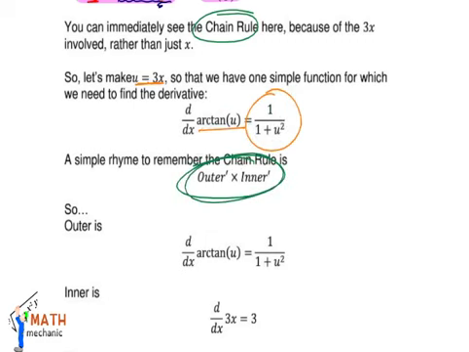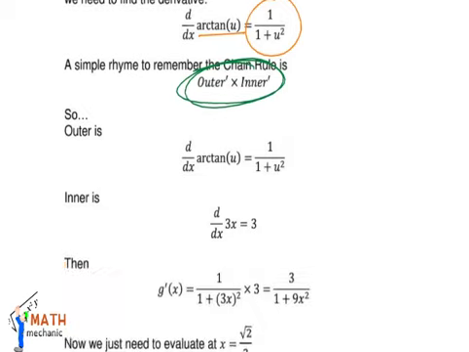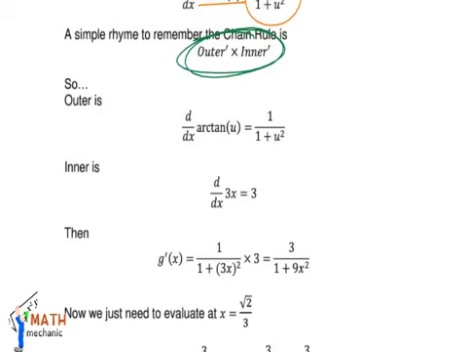The first derivative of the outer part multiplied by the first derivative of the inner part. We can say that the outer part is that arctan u, so we know that is the first derivative. We already found it up there, and the inner is that 3x that we replaced, or made the u equal to. So now let's find the derivative of the 3x, and that's the normal sum rule.